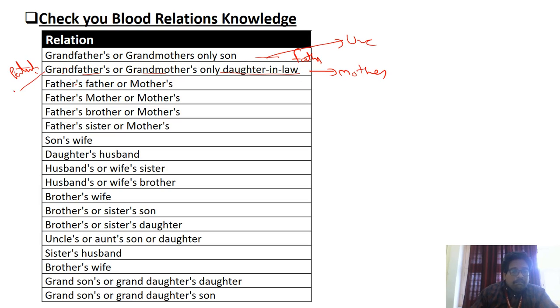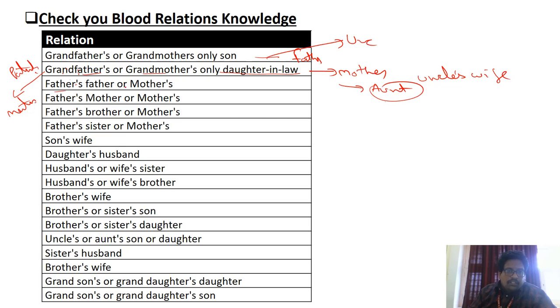But if I take maternal, mother's father's only daughter-in-law will be your aunt or your uncle's wife, whatever it is. Usually we call it aunt, or you can call it uncle's wife. Both might apply based on the options.